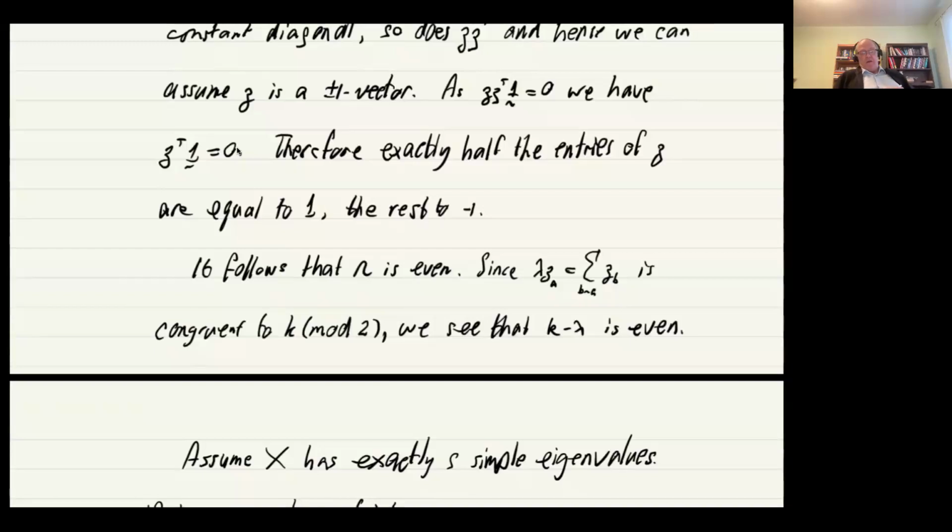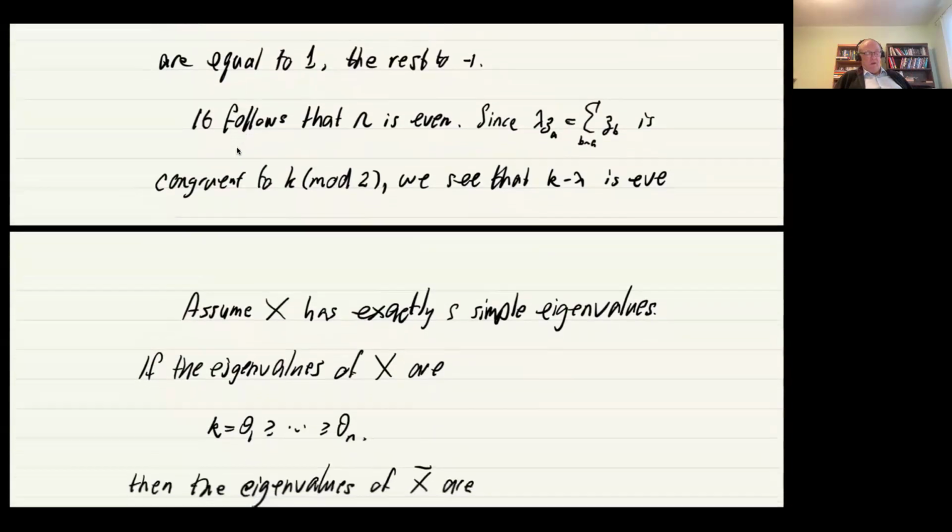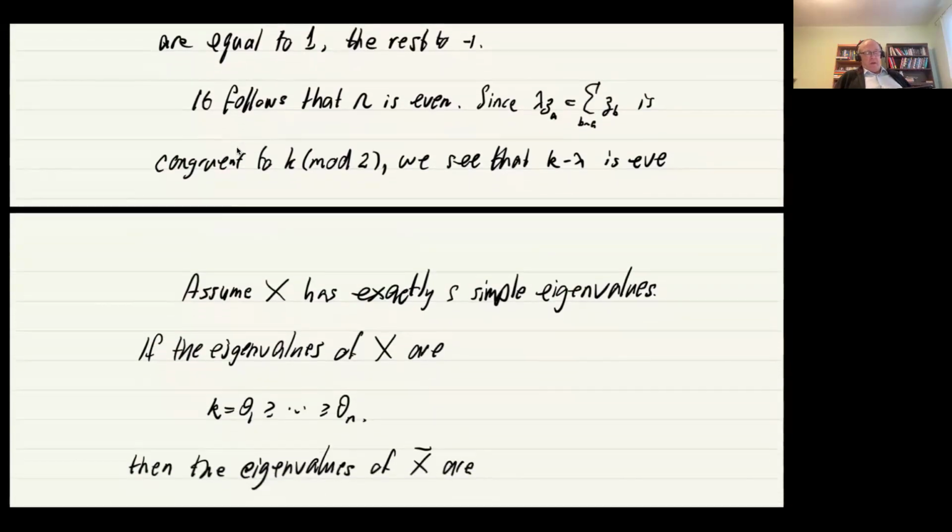This is a sum of ones and minus ones, and so the number of terms in the sum is congruent to the valency mod 2, since X is a k-regular graph. And so that tells you that k minus lambda is even. So we've learned that n is even, that if lambda is a simple eigenvalue, k minus lambda is even, and that a simple eigenvector has entries 1 and minus 1 with an equal number of each. So that's the first step.